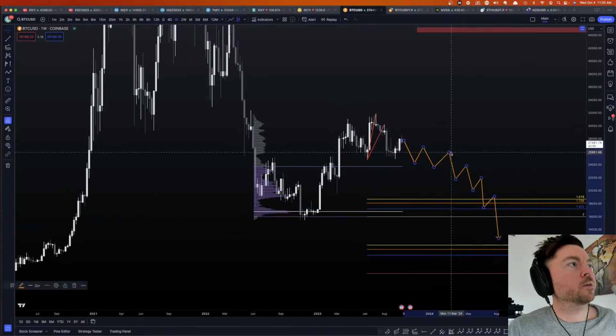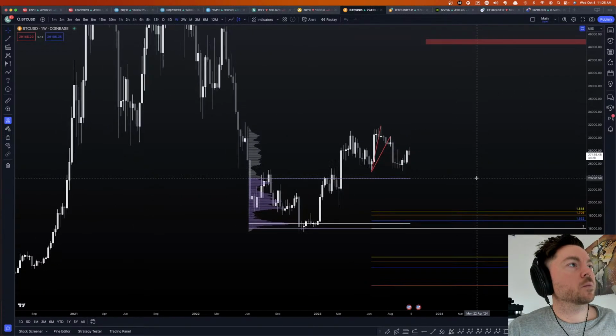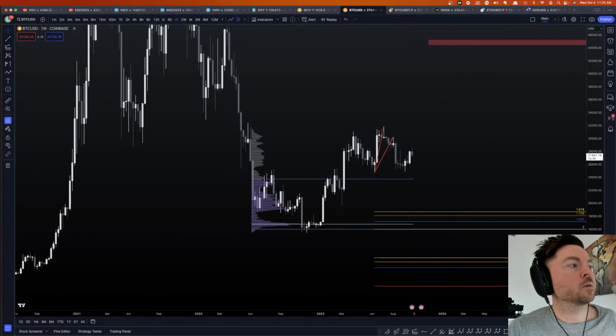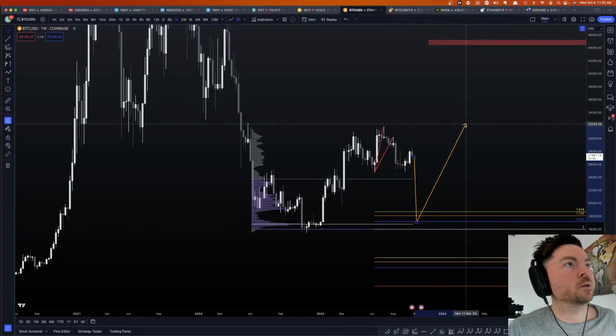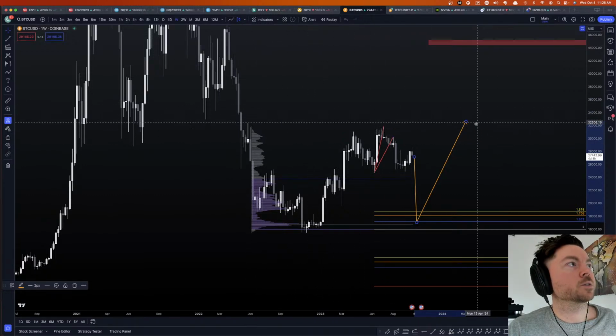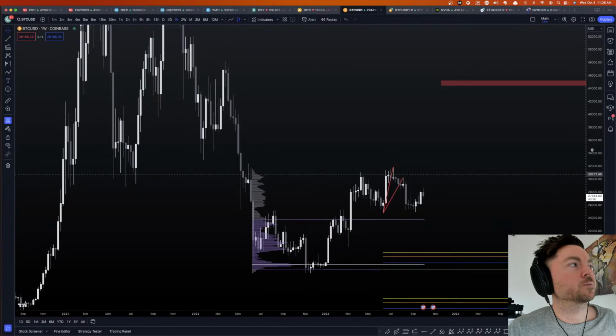So I would be a little wary of that if it came down there in a way that wasn't a scary, aggressive way. But if that did happen, I think it's a good opportunity to finally come up and take this high and come into some of our other targets we've been talking about for months.